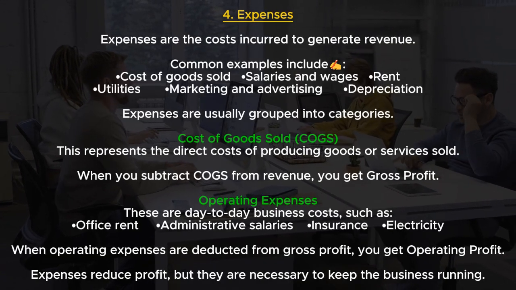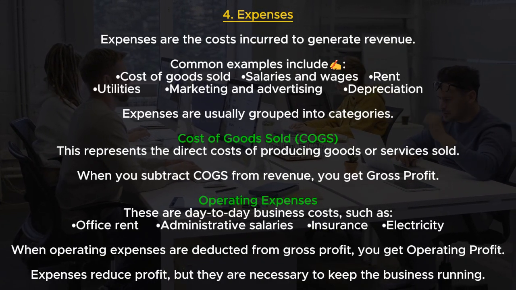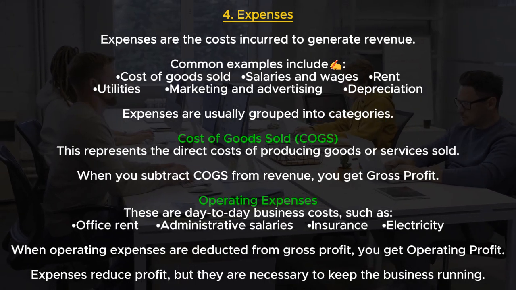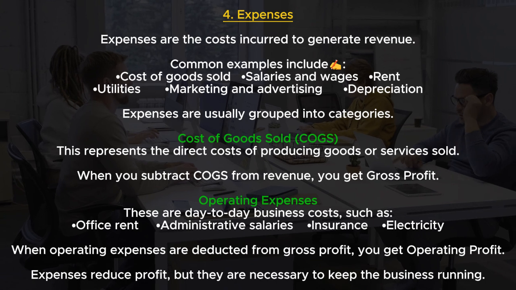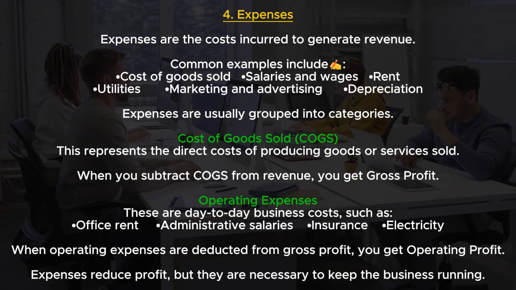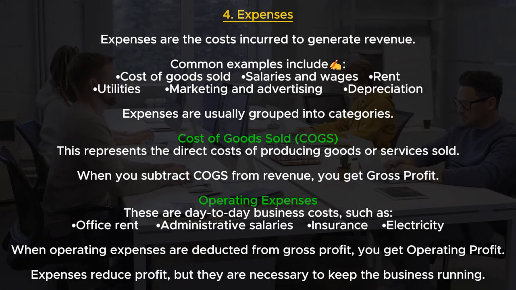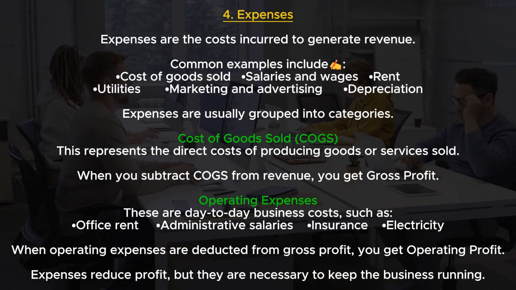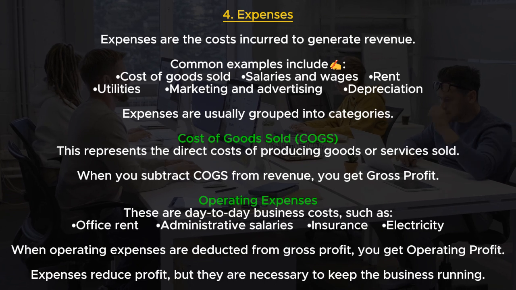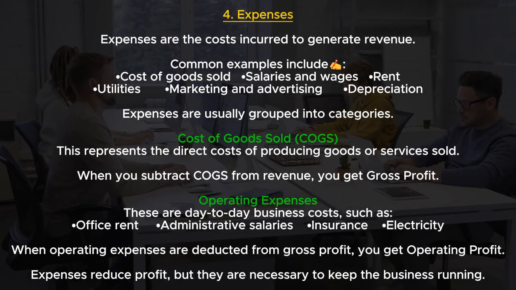Expenses. Expenses are the costs incurred to generate revenue. Common examples include cost of goods sold, salaries and wages, rent, utilities, marketing and advertising, depreciation. Expenses are usually grouped into categories. Cost of goods sold. This represents the direct costs of producing goods or services sold.